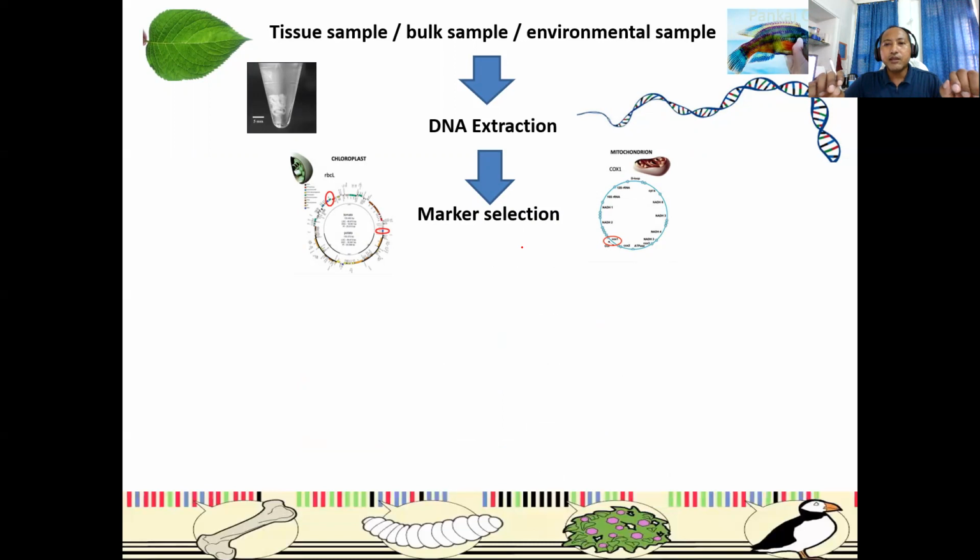The marker DNA region must have some characteristic feature, like within a species it must be conserved, and within a genus, among different species under a particular genus, there will be some differences, but there will be some similarity also.